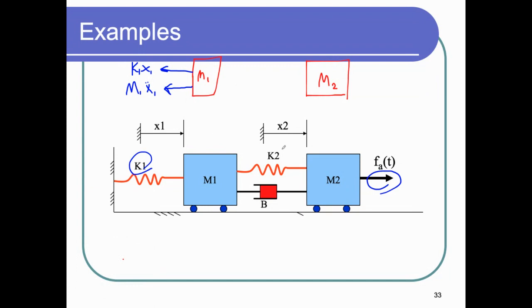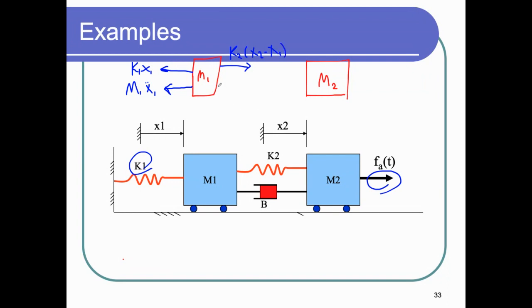Now what are the forces to the right? I don't have a direct applied force like in mass 2. So the force will come from here through the spring and the dashpot. We have the force from the spring, K2 times (x2 minus x1).